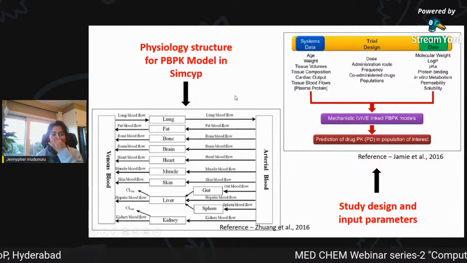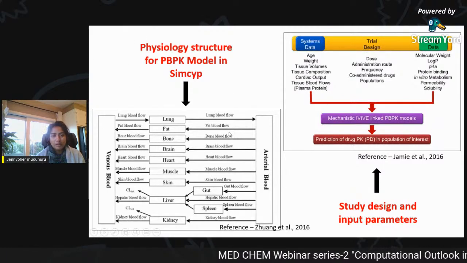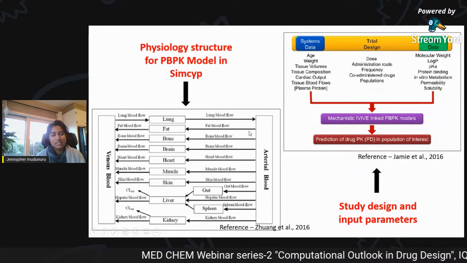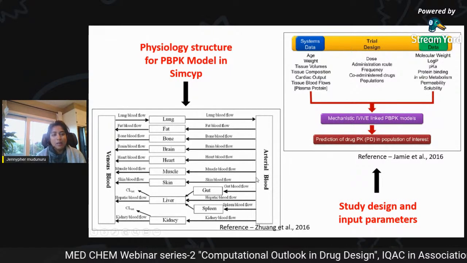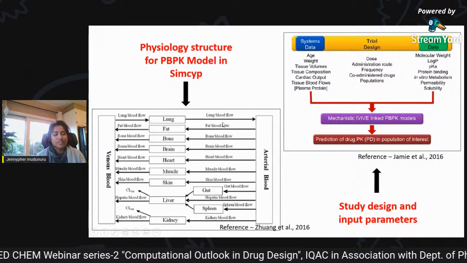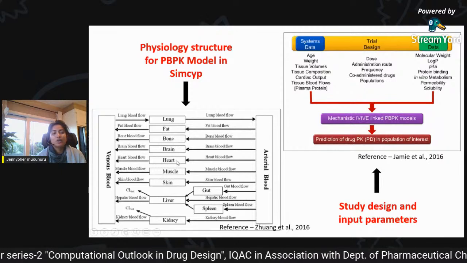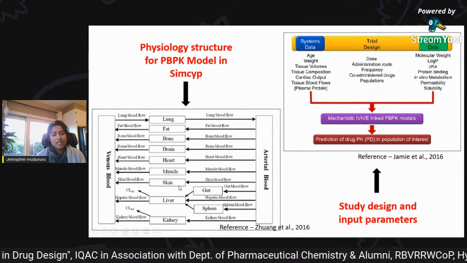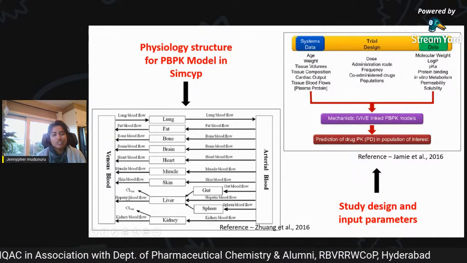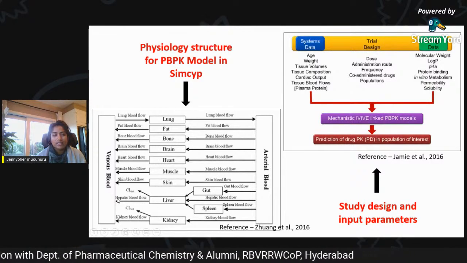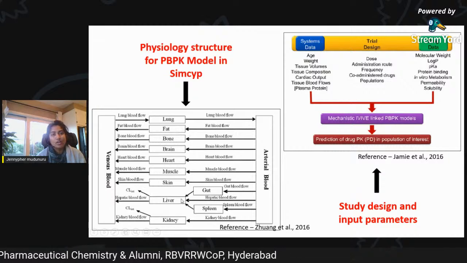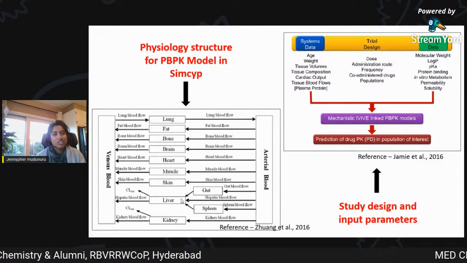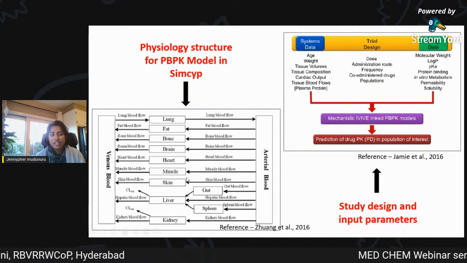Whereas the physiology part of the PBPK model, the flowchart that you have seen before, is similar to that, but this is more comprehensive, which shows you that it uses quite a lot of parameters like blood flow to individual organs, what the intrinsic clearance is in those organs, what the binding is in those specific tissues, how the drug binds differentially.